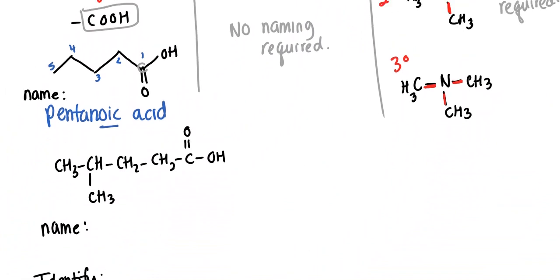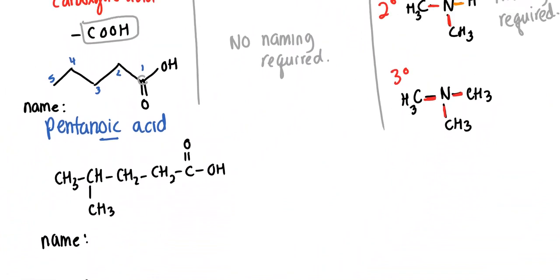Let's do another name of, so we're not naming amines either, but let's do another name of a carboxylic acid. This would be carbon 1. Get a different color there. This would be carbon 1. That's a methyl group, of course.